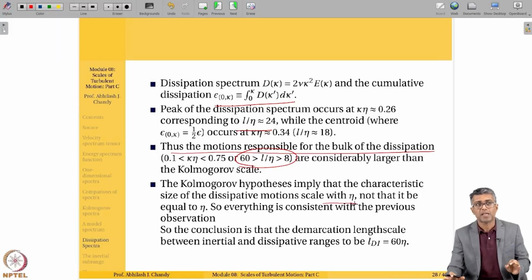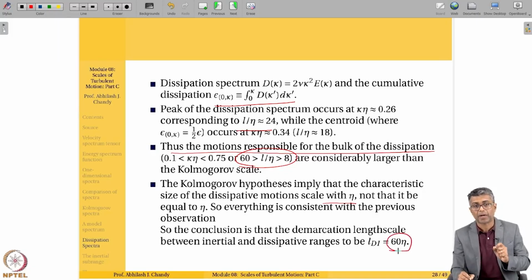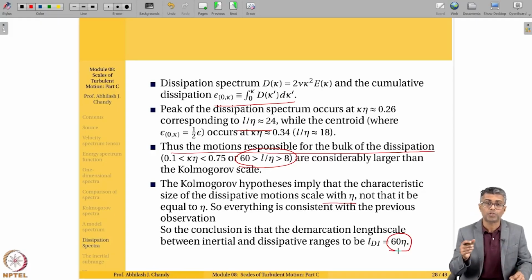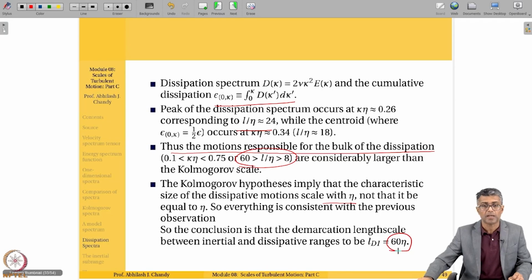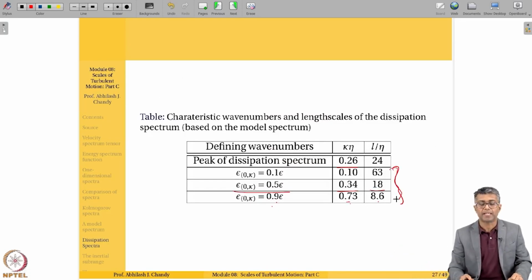So now we see where the demarcation length scale comes from. Remember, there was an L_DI that we used, which we took to be equal to 60 eta. And at that time I had said it's an arbitrary number, but we will show that it actually makes sense. As you can see, the bulk of the dissipation occurs between approximately 8 and 60.